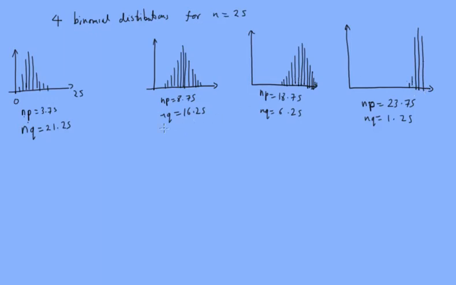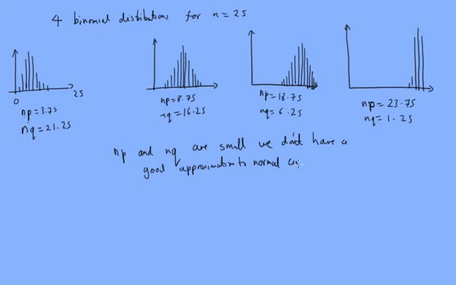So what we can see is when np and nq are small, we don't have a good approximation to the normal curve.